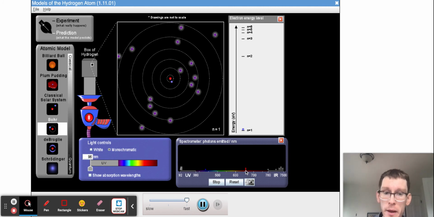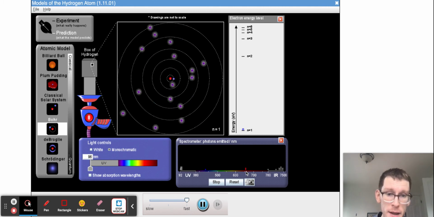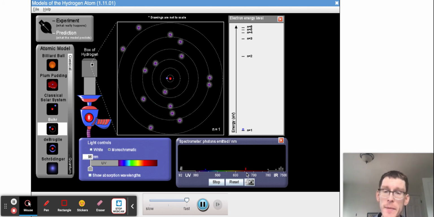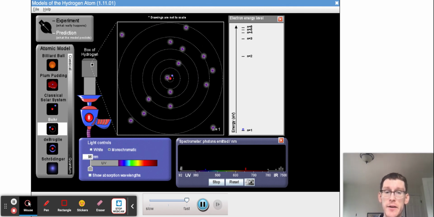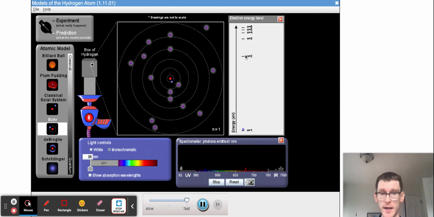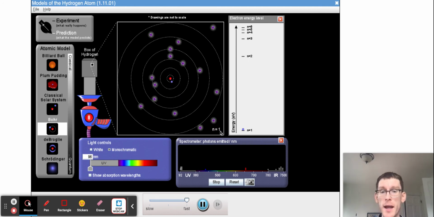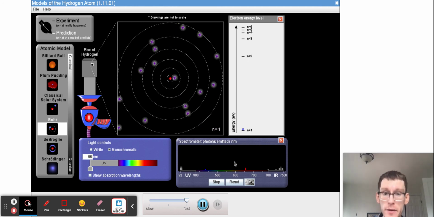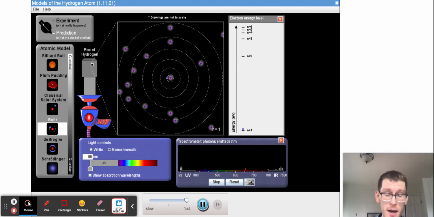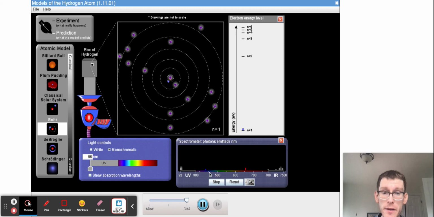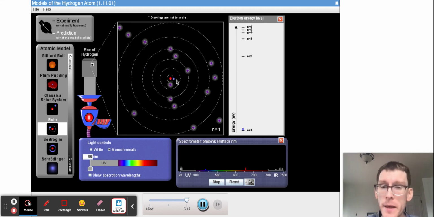So, for example, that one right there, that red at around 660, that is the exact difference in energy between the third level and the second level. And from the fourth down to the second, that would be the one that we previously saw at around 490. For the fifth down to the second, that's the 430.